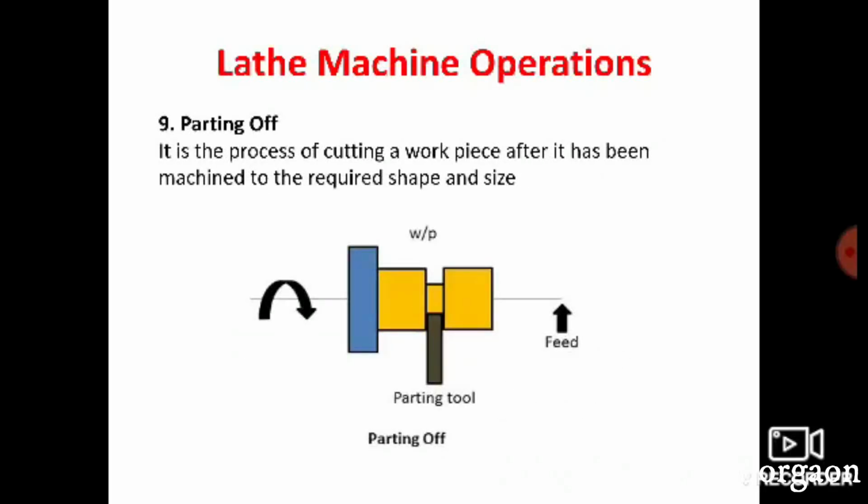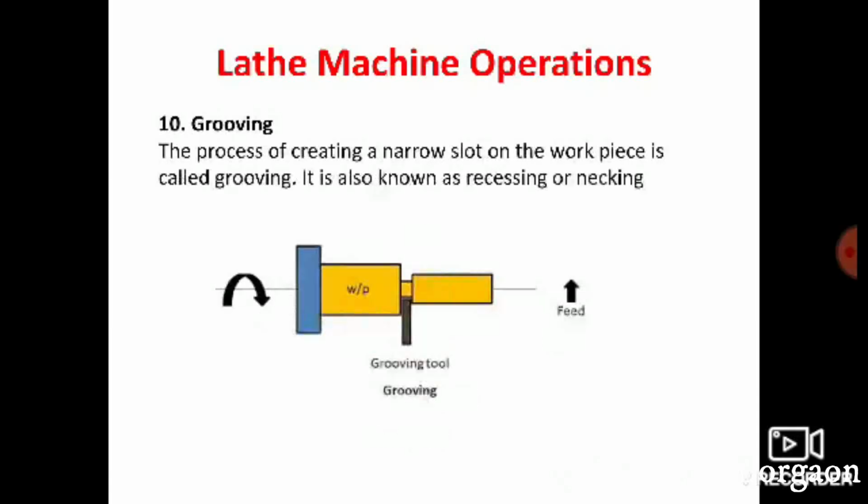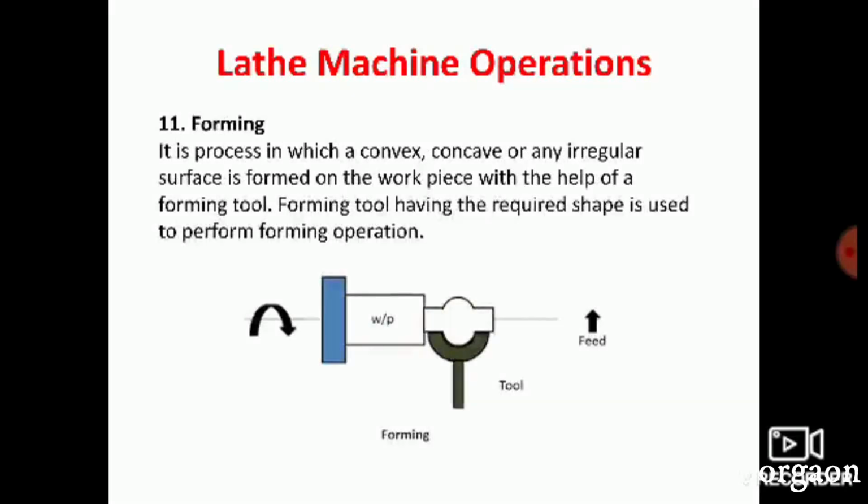Then parting off, to break the workpiece in two pieces, we can use a parting off tool. Then grooving, we can produce a narrow neck over the surface of the workpiece by using a grooving tool. Then forming, to get any kind of shape over the workpiece, we can use a forming tool, and that forming tool will have the same shape which is desired.